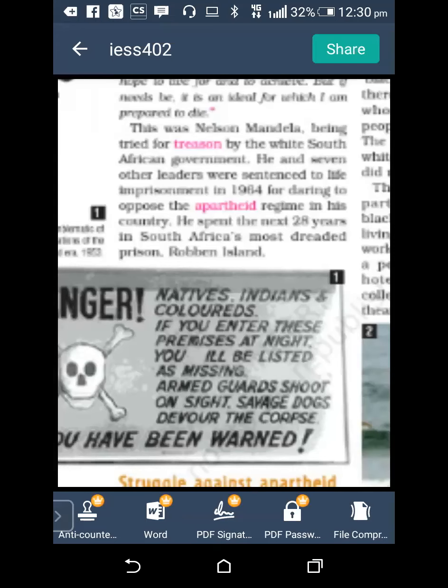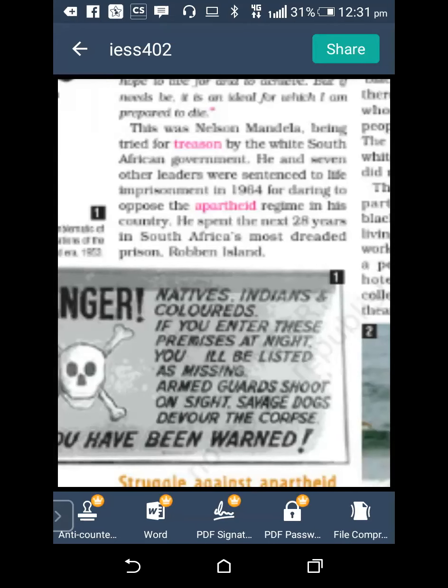Armed guards shoot on sight, savage dogs devour the corpse. मतलब आर्म गार्ड्स आपको मार देंगे और मारकर उनको उन ब्लैक लोगों को भूखे कुत्तों के आगे डाल देंगे. और वो जो सेवेज डॉग्स हैं, hounded dogs हैं, they will enjoy the meat of human beings.